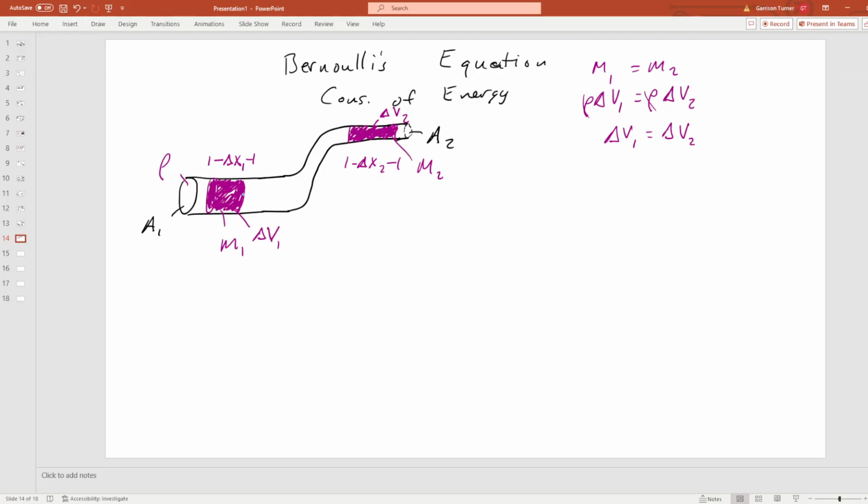Now, this is going to be flowing with rate V1 in this part of the pipe, and it'll be flowing with rate V2 in this part of the pipe, right?